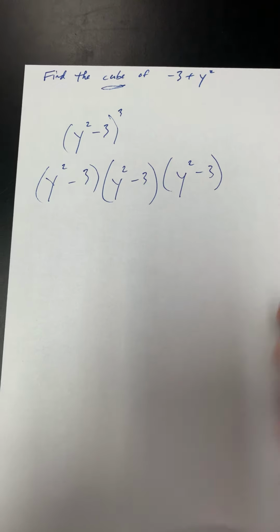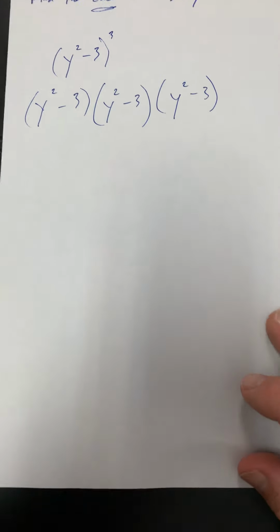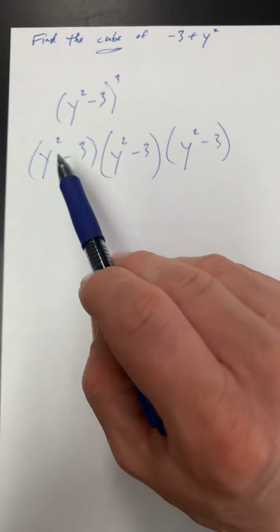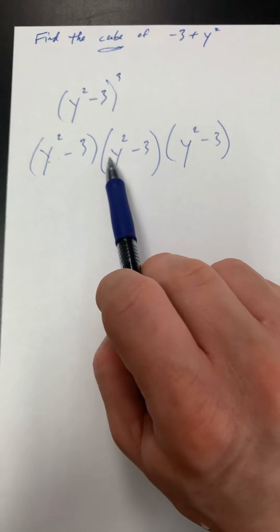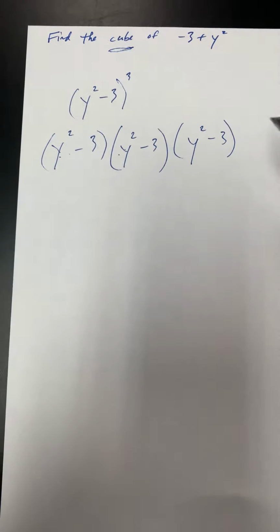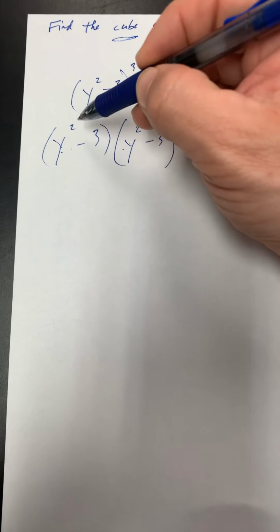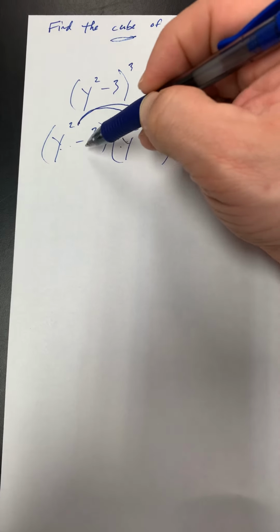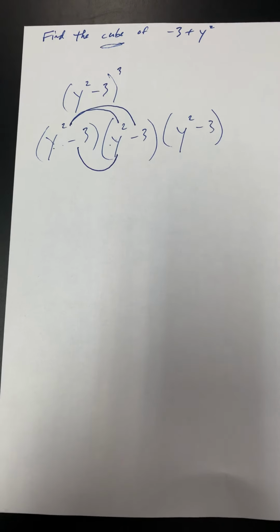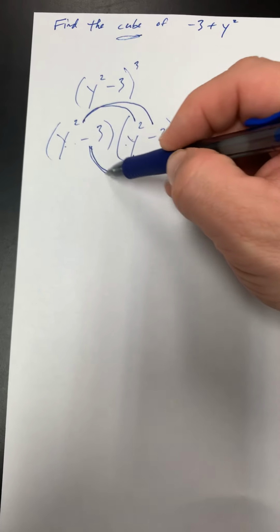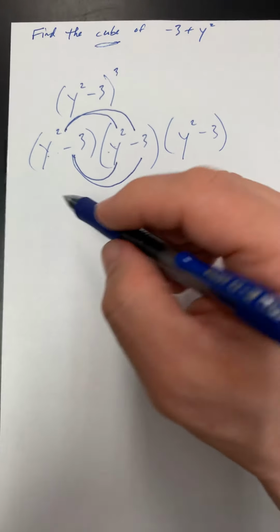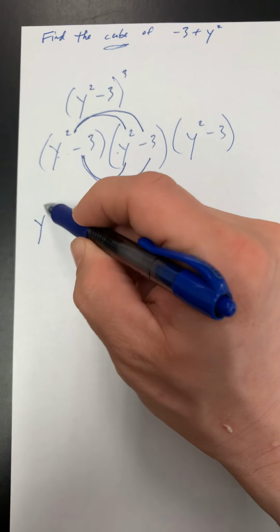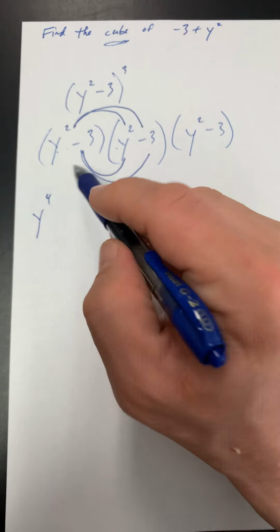How do we deal with this? Okay, watch closely. We're going to multiply these two together first using the FOIL method. So we're going to go y squared times y squared, and then y squared times -3, and then -3 times y squared, and then -3 times -3. All right, so it's going to give us y to the fourth. That's that times that. Then we're going to get -3y squared.